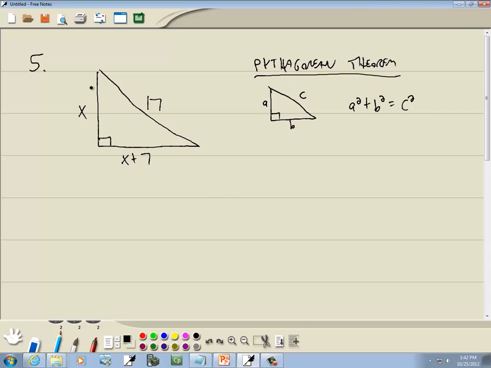So for this problem, that means we're going to take this side squared plus this side squared is going to equal this side squared. I think that's 289, but let me plug that in my calculator. 17 squared, 289.